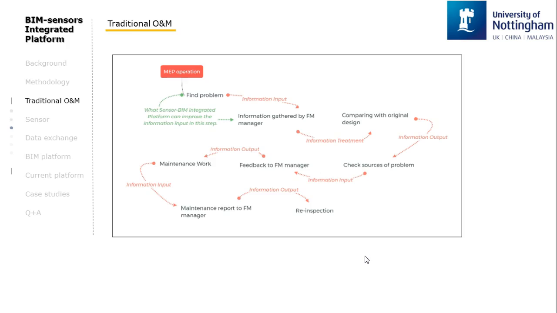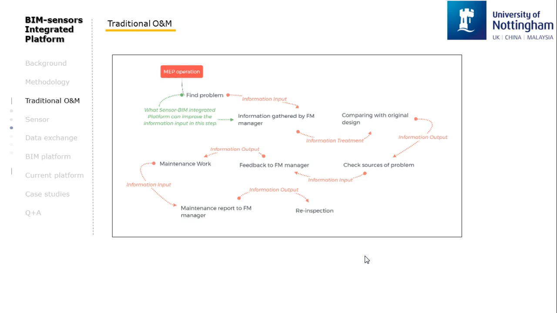Theoretically, a conventional MEP maintenance workflow can be recognized as a process of information exchange and treatment. Here is a picture showing the workflow of the information. You can see the MEP problem is found, and then the information is input to the FM manager, and then it is compared with the original design, and then output to check the source of the problem.